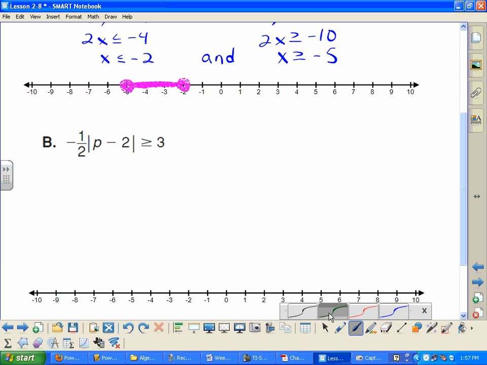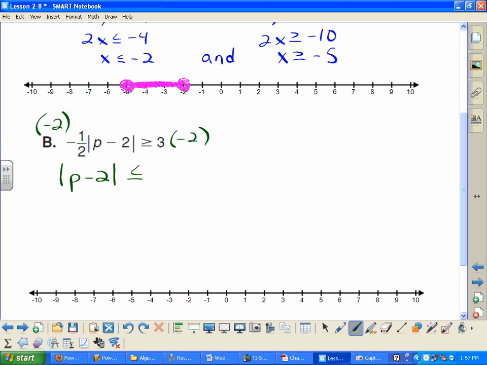We need to get rid of the negative 1/2 because it's outside of the absolute value. So we're going to multiply by the reciprocal, negative 2. So we get the absolute value of p minus 2 is less than or equal to negative 6.